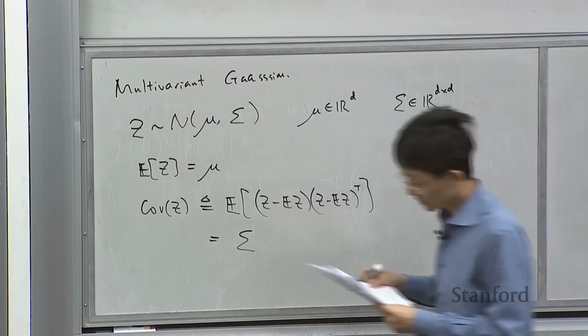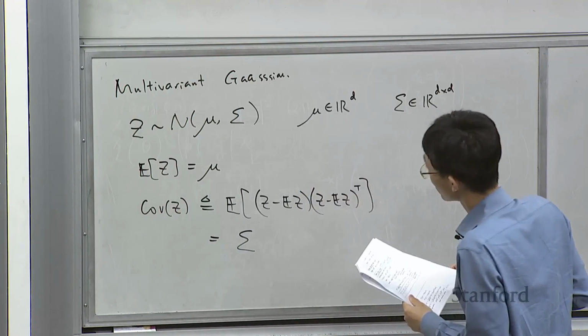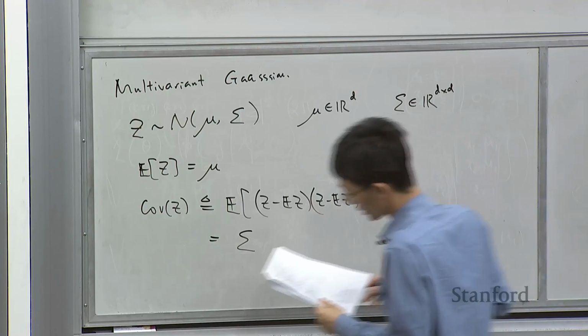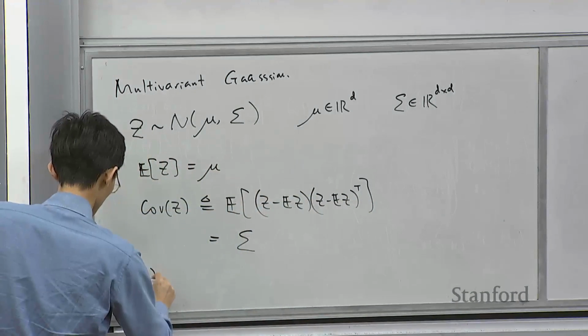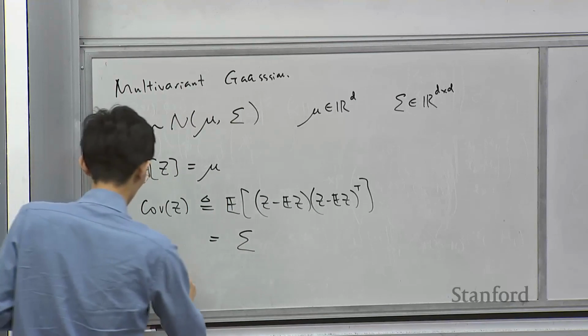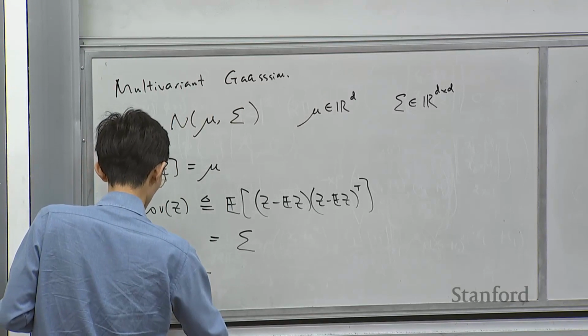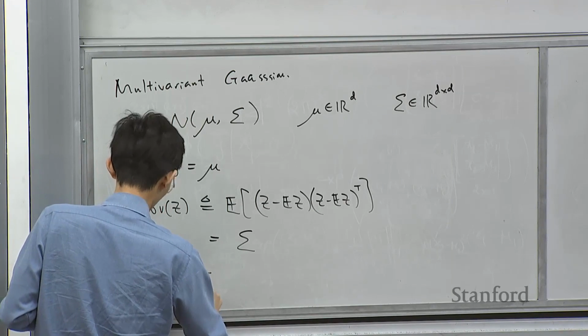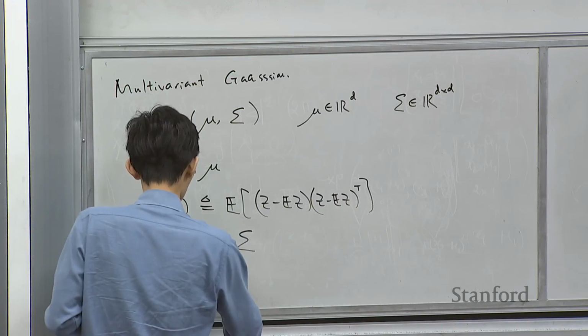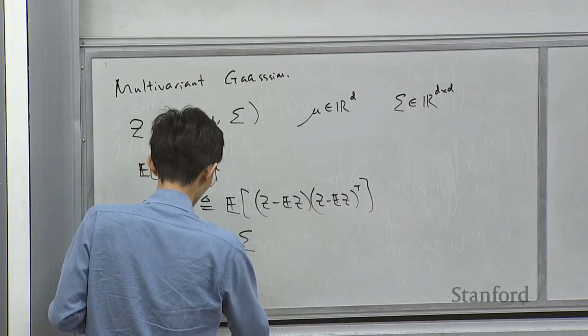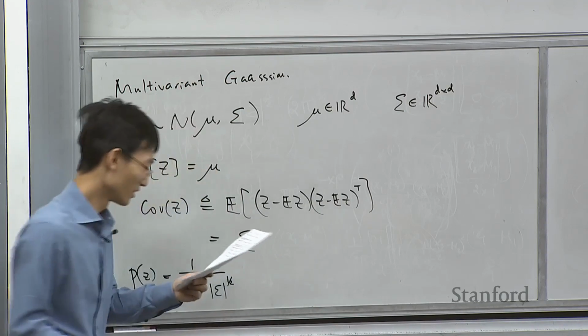And you also know the density of this Gaussian distribution. The density is something like this. I don't expect you to remember the formula. I remember it now after teaching it so many times, but before I taught it, I don't think I remembered it in graduate school.